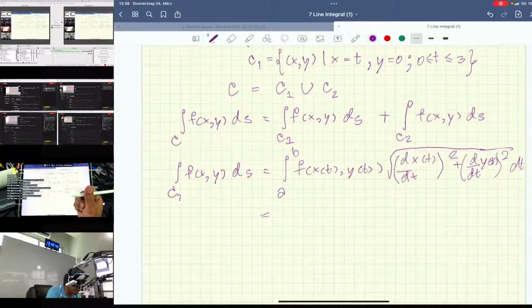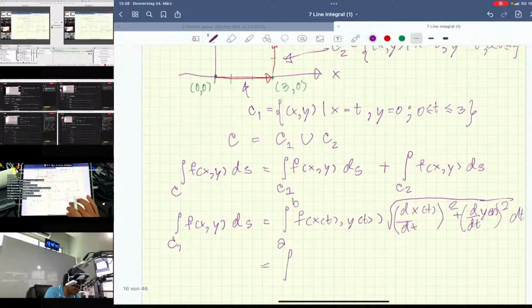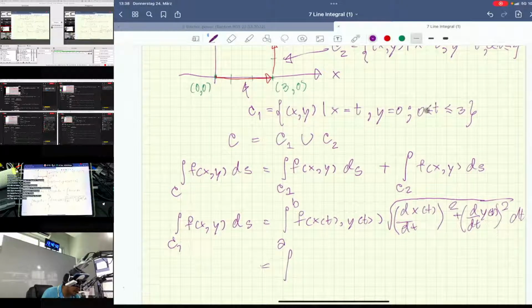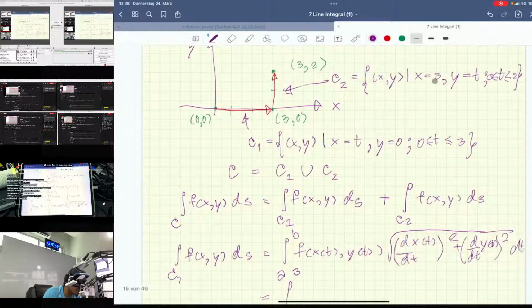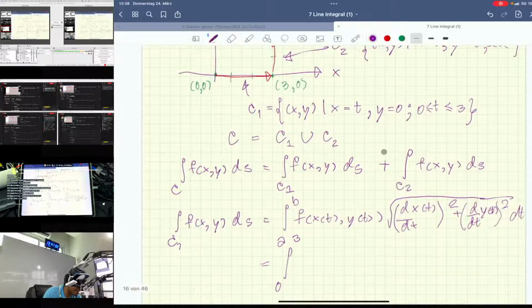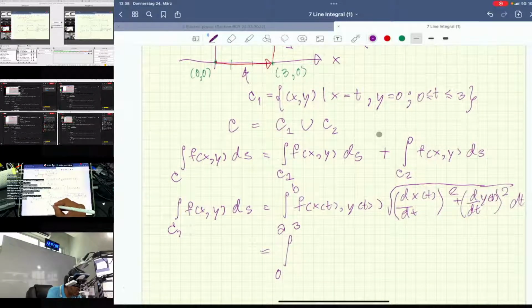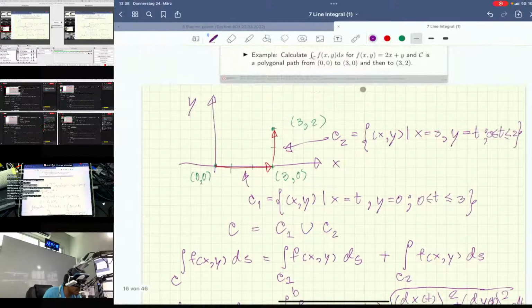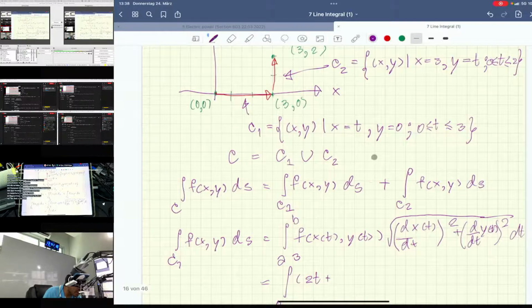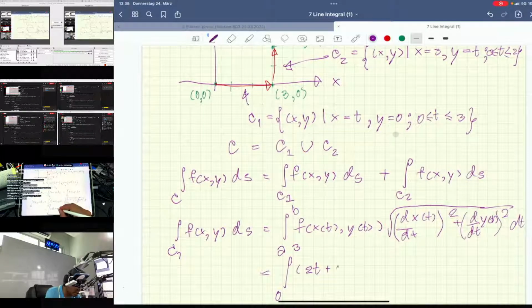Here you would have integration, for C1, the variable t from 0 to 3, so we're going to say 0 to 3, and f(x,y) is 2x plus y. So the function here will be 2t, because on C1 x is t, plus y. Y is always 0, so we have 0 here.